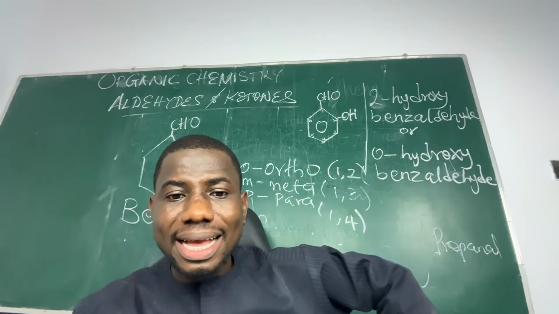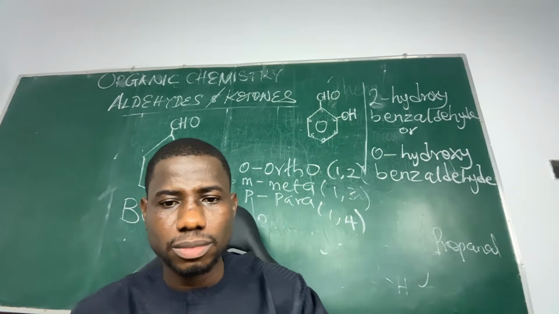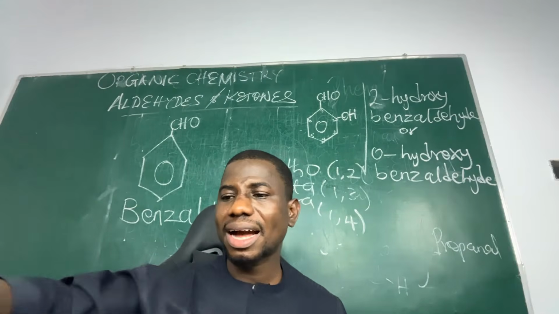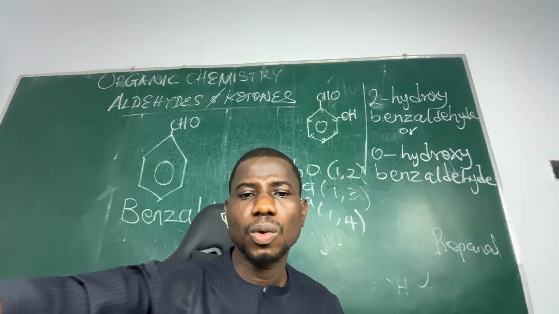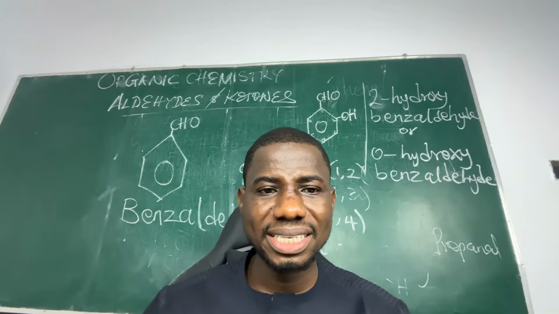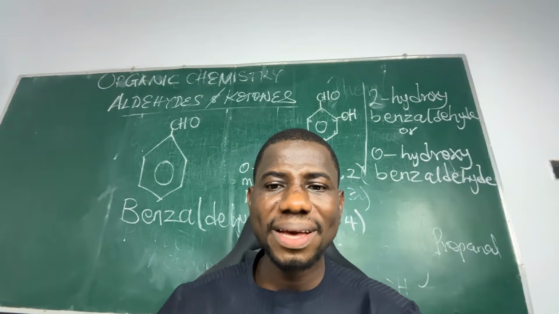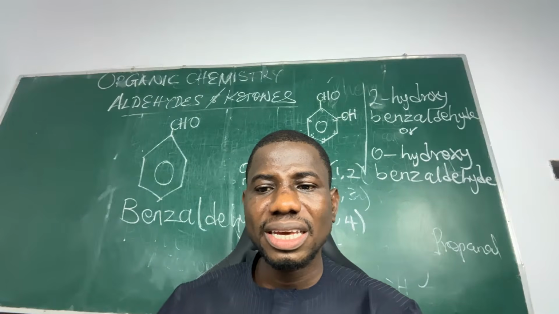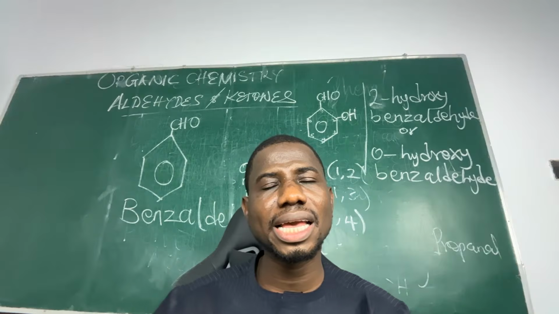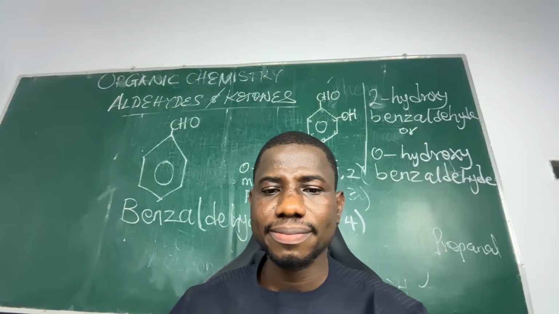When the carbonyl group of an alkanone is attached to a benzene ring, it is called a phenone. Phenone. It is called a phenone.